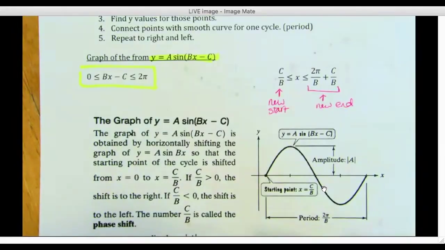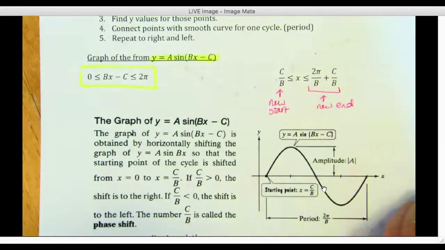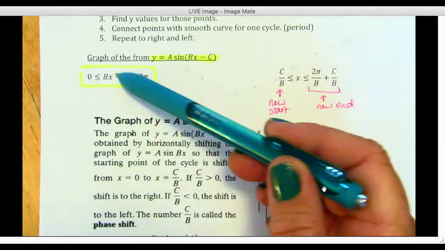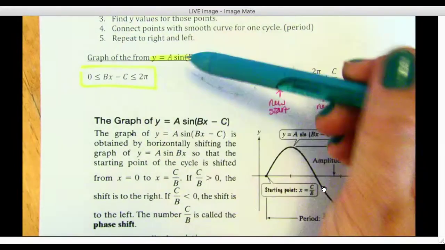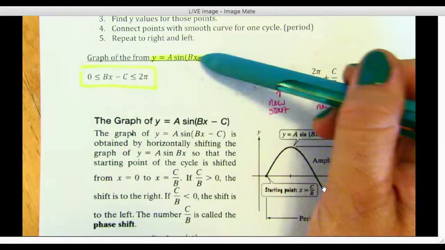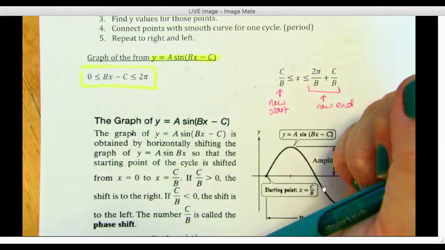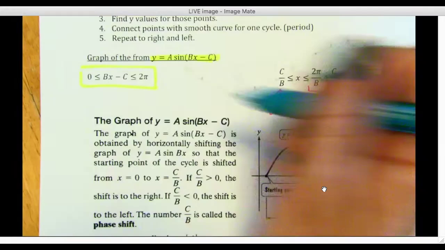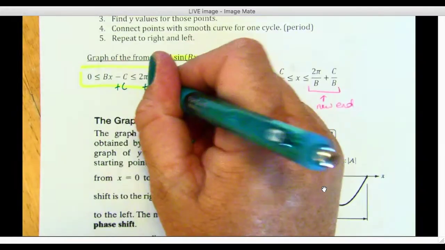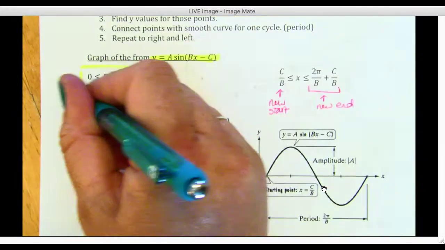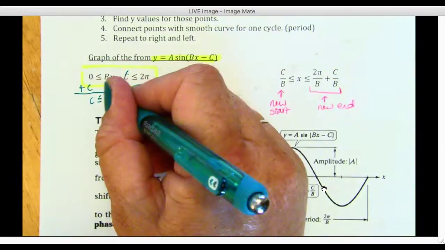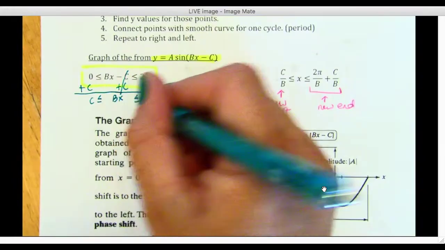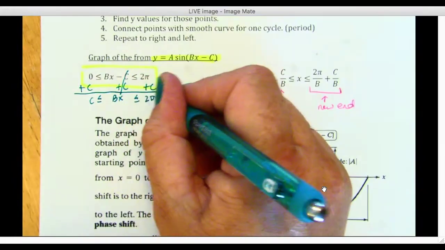And so those things all change the length of the period of our function. So if I want to find out what my graph starts at and ends at, if I have things added and subtracted in here, then I can set the inside of my sine function in between 0 and 2 pi and solve for x. So if I add c to all 3 sides here, then that's gone here, and I have c is less than or equal to bx less than or equal to 2 pi plus c.